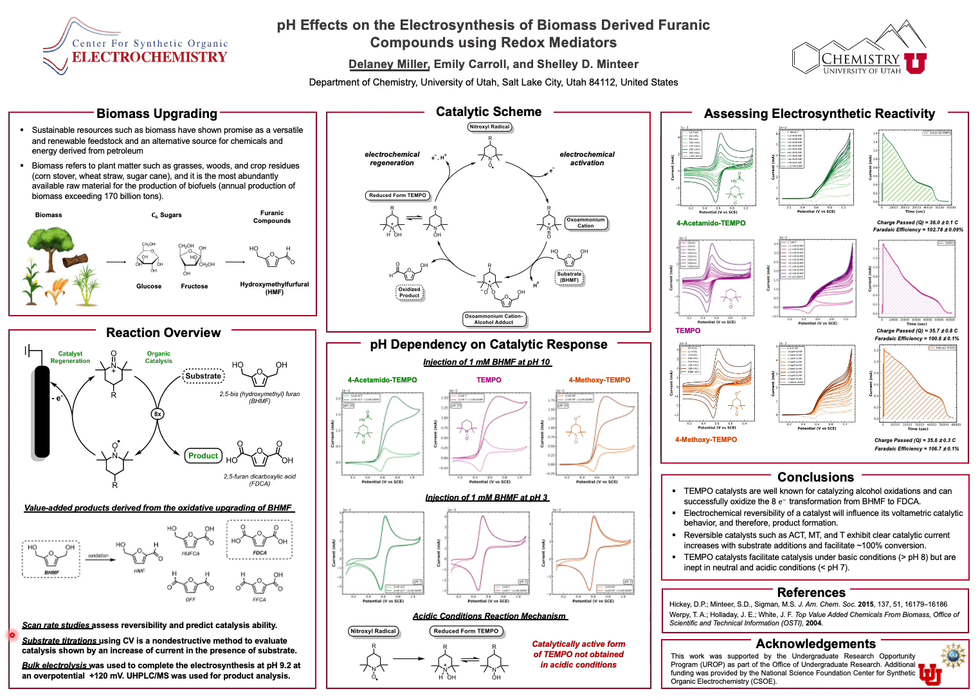Basically, if we show an increase in current, then we see that our substrate is being converted using catalysis. Finally, we did analysis using bulk electrolysis as well as ultra-high performance liquid chromatography and mass spec. And we did this at pH 9.2, and I will explain why in a second.